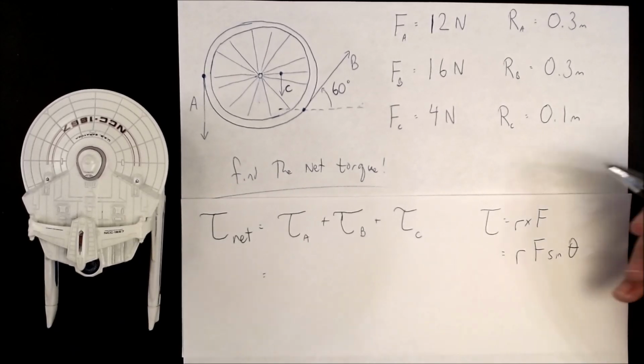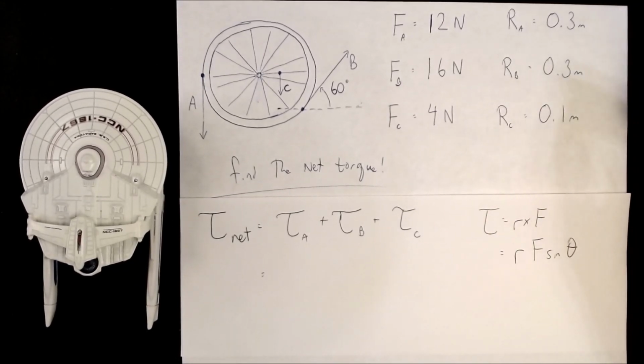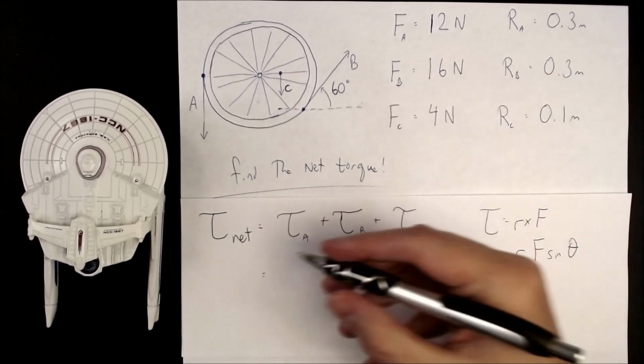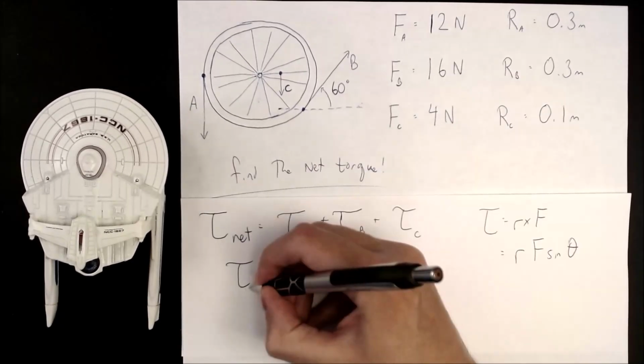We should take a look at each one of these individually and figure out what contribution each of them will have to the total. So I'll start with torque A.